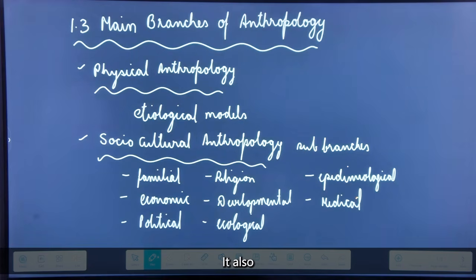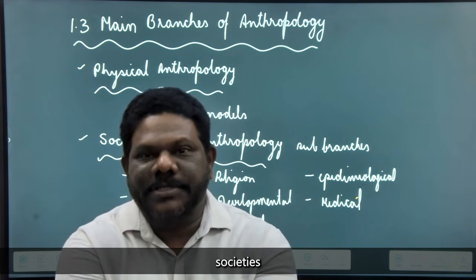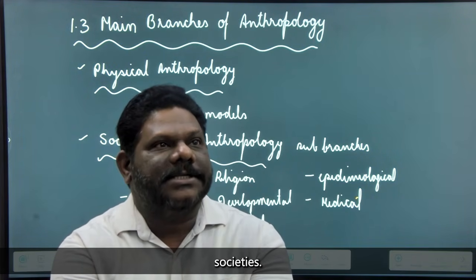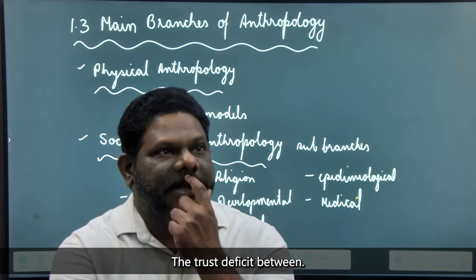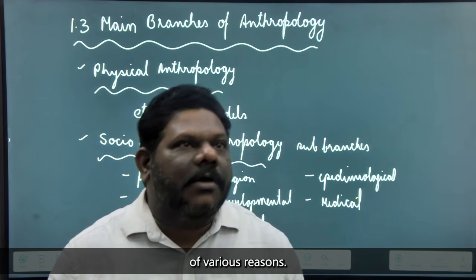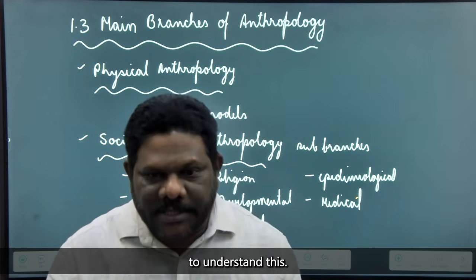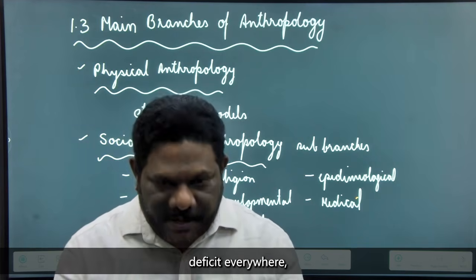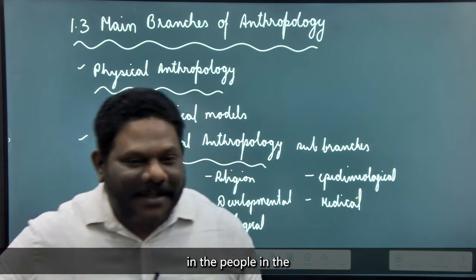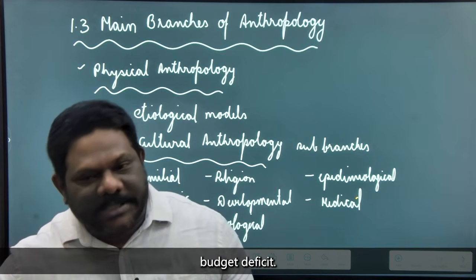So that is the thing. Next one. It also tries to bridge the gap between primitive societies and modern societies, and bridge the trust deficit between development practitioners and the local people. And that is on account of various reasons. I think you are quite mature to understand this. There is a trust deficit everywhere, isn't it? Particularly the people in the administration or governance, there is also a trust deficit.